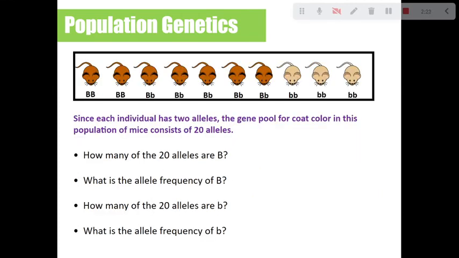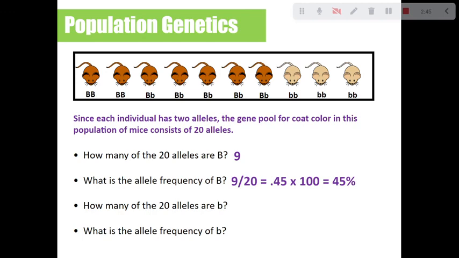Since each individual has two alleles, the gene pool for coat color in this population of mice consists of 20 alleles. How many of the 20 alleles are a capital B? 9. Here's how we figured that out.